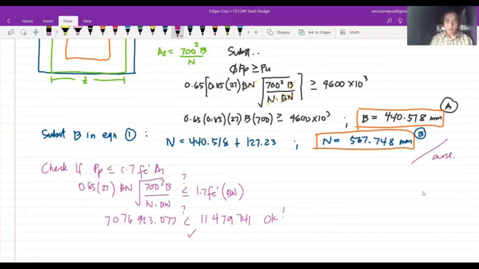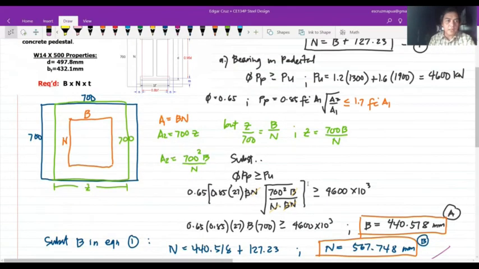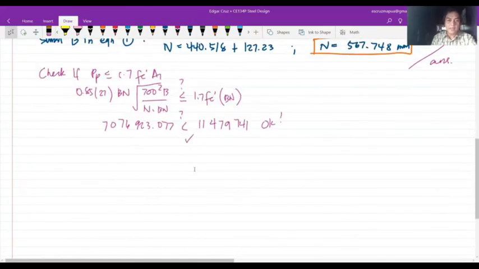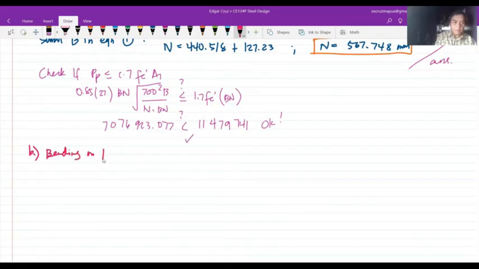Okay? Now, next. So, what about for the thickness? This is considering now the second failure, diba? Kasi yung unang failure natin is bearing on pedestal. So let us consider now bending on base plate.